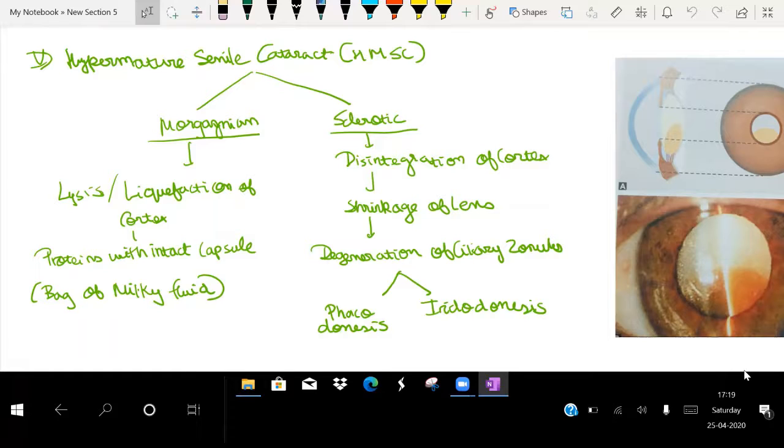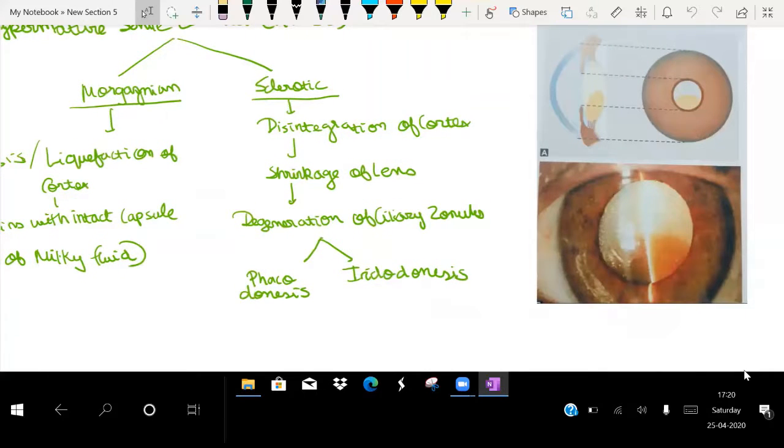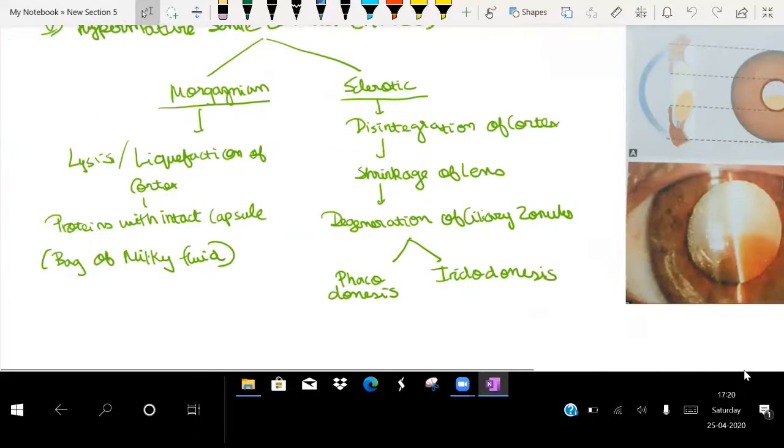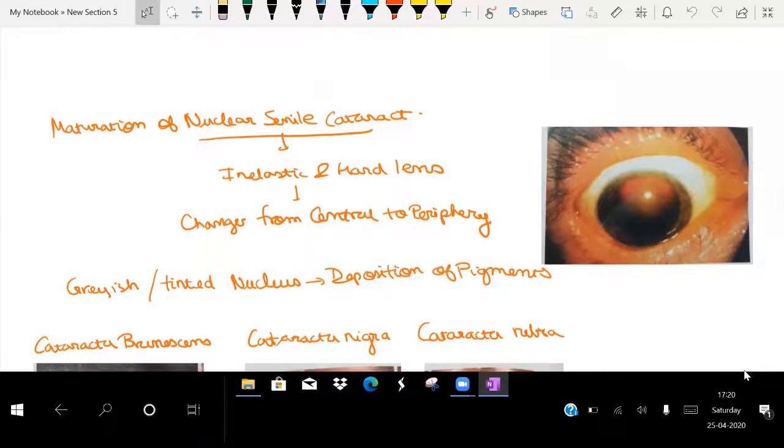In the sclerotic type, there's disintegration of the cortex, leading to shrinking of the lens. There is also degeneration of the ciliary zonules, which can lead to phacodonesis and iridodonesis. Donesis means trembling. You can see the image here showing hypermature senile cataract. This was about the maturation of the cortical cataracts.